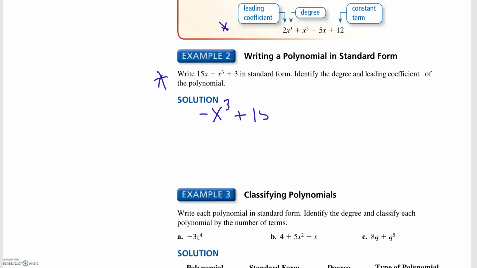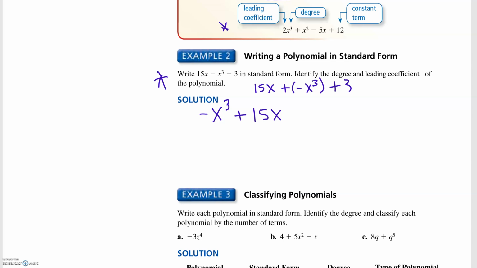The 15x is second. Notice I put a plus sign there because it's adding to that. And notice we could write it this way. That's 15x plus negative x to the third plus 3, right? We just don't usually write them that way, but we could think about it that way.